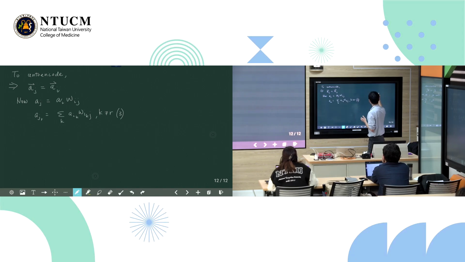How do I draw this out? So initially, I have AI1. This is now the architecture, right? I'm going to put a note here.